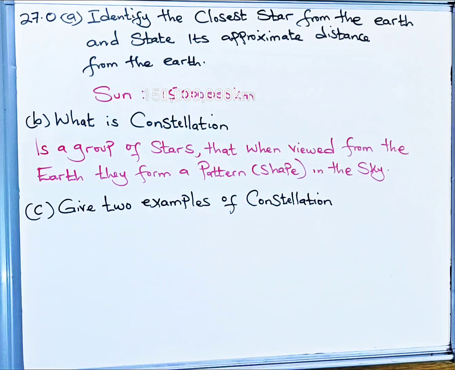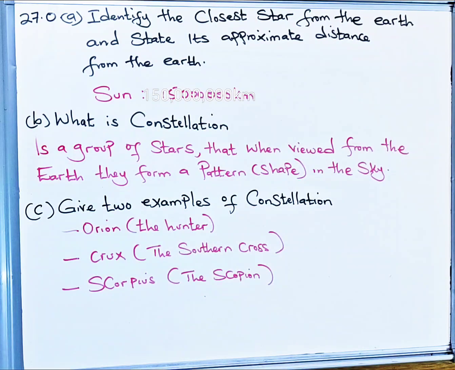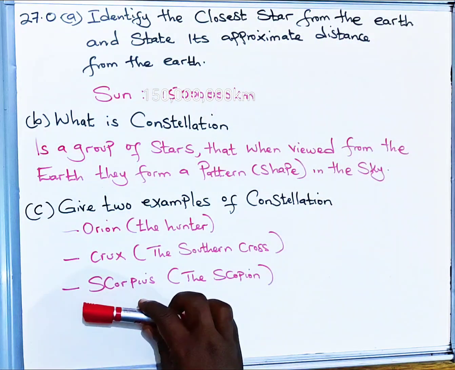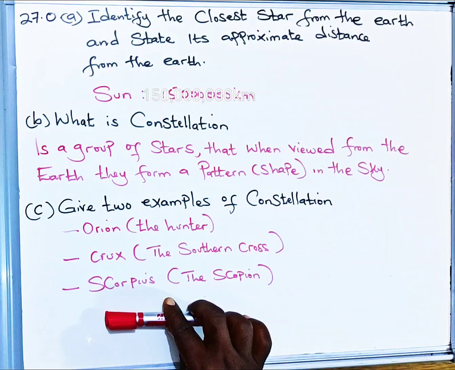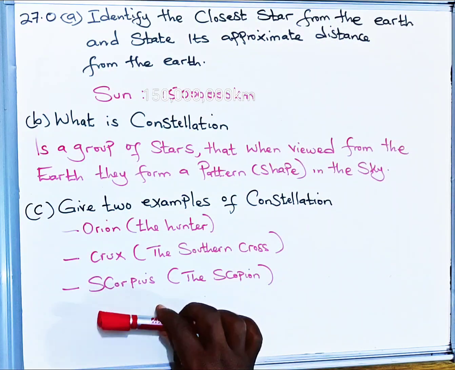The second one is Crux, which you call the Southern Cross. There is Centurion. There's Proxima. There are so many patterns we see in the sky. These are some of the few examples of constellations.